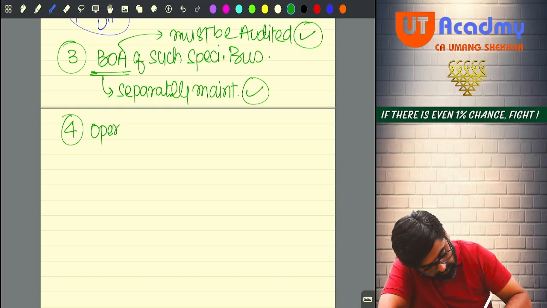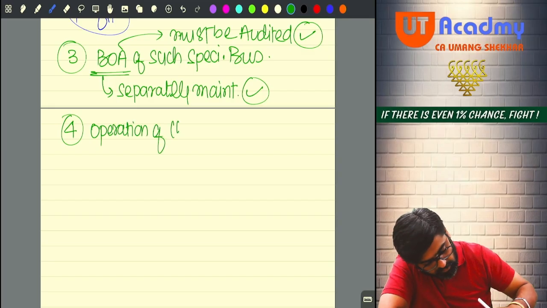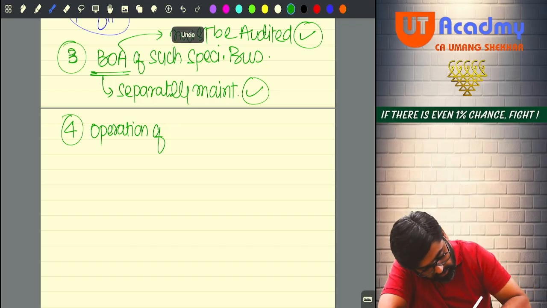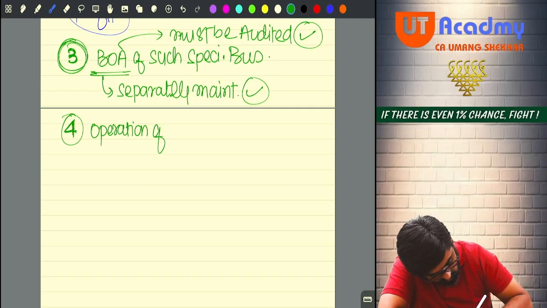The operations of such business. The third condition was this. This is the fourth condition.